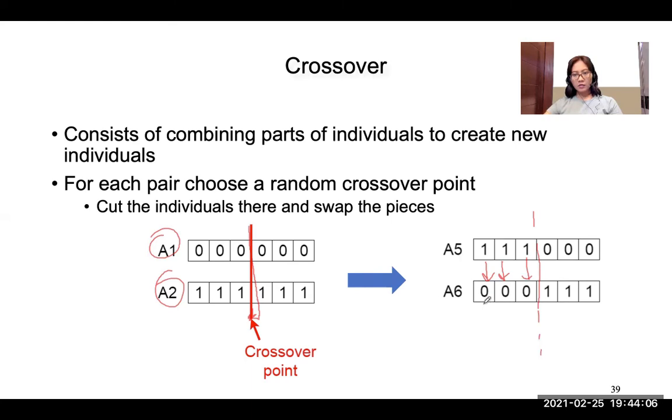So it becomes 0, 0, 0. And this one becomes 1, 1, 1 from this one. Initially they are 1, 1, 1. So now I have a new generation, called A5 and A6, no longer A1 and A2. They are different solutions.